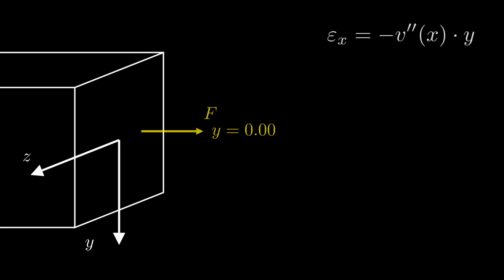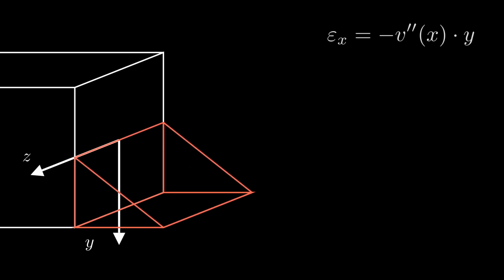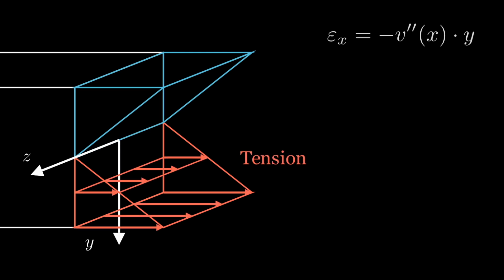Now, we will adopt the following convention for a positive moment. So, a moment that goes counterclockwise is defined as the positive direction for the moment. In this case, the lower part of the cross-section will be under tensile stresses, which are shown in red, while the upper part of the cross-section will be under compressive stresses, shown in blue here.